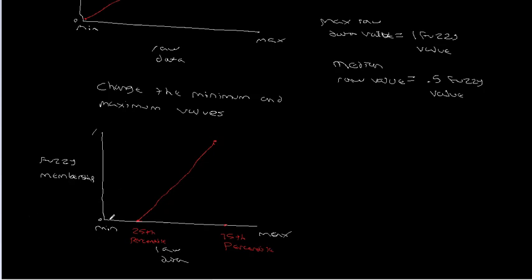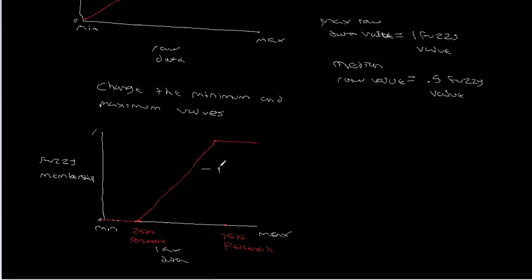Everything below the 25th percentile is going to be 0. Everything above the 75th percentile is going to be 1. So what have we done? By changing the minimum and maximum, we've really done 3 things. The first is we've made this transition more steep.